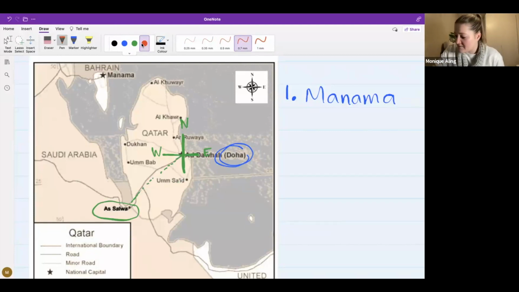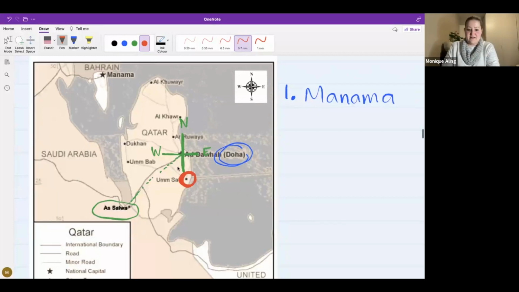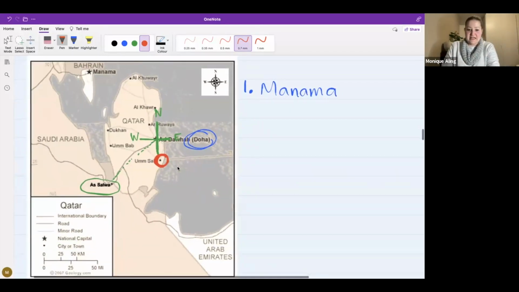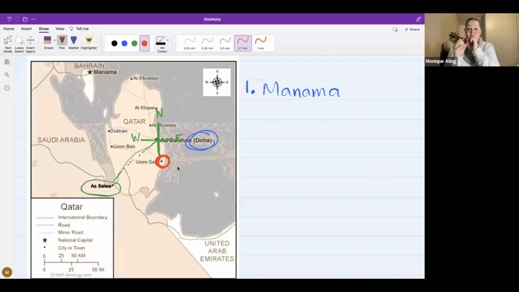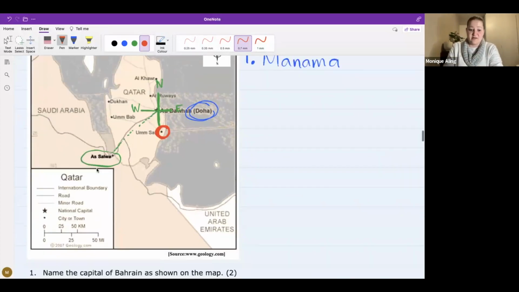The dot for Umm Said is over there, which is directly south. So we're looking at southwest. Okay, so Salwa is your answer. Okay, so look at the actual dots, the points of the towns.